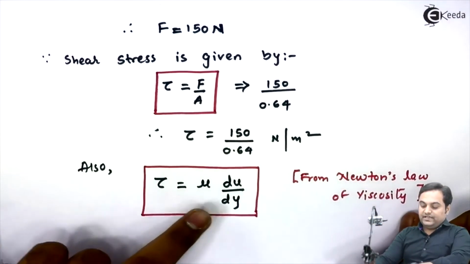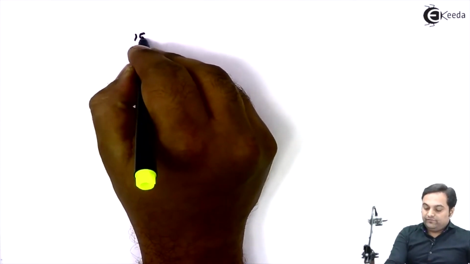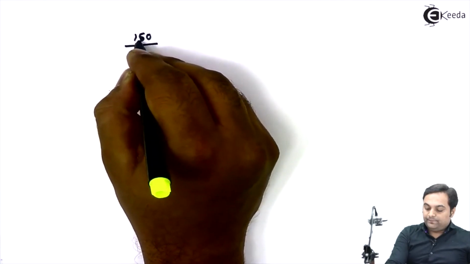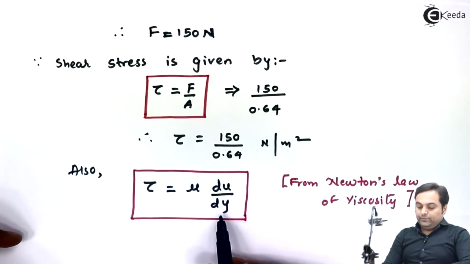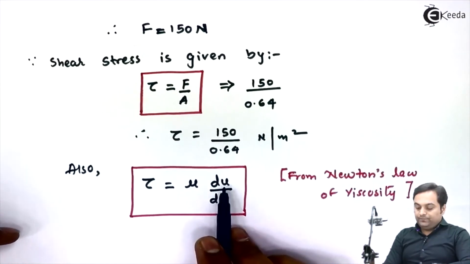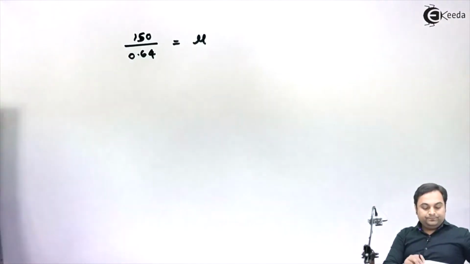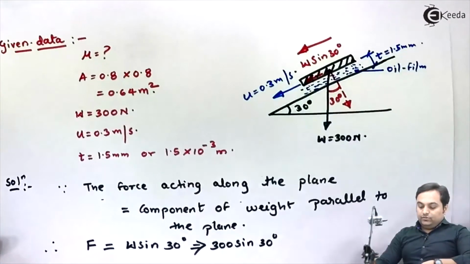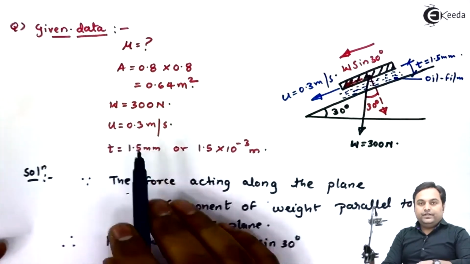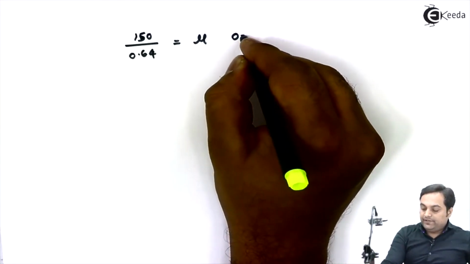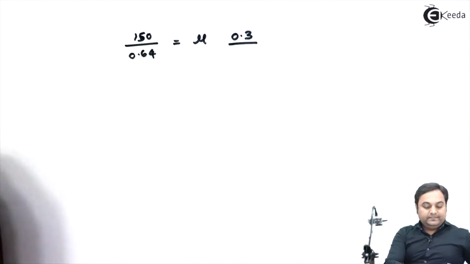Instead of shear stress, I'll write 150 upon 0.64, which is equal to mu into du by dy. Du is the velocity here, and since only one velocity is given, u is equal to 0.3, so du value is 0.3 divided by dy.